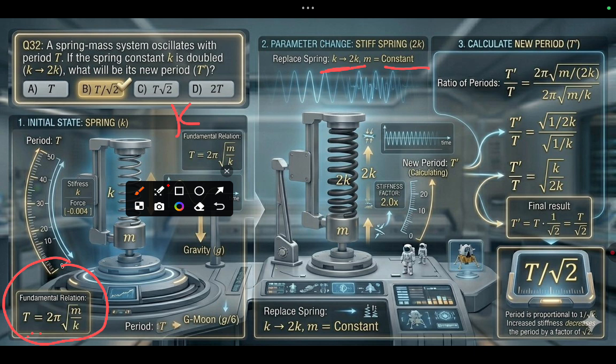Clear? Now just go to the formula, T equal to 2 pi root m by k, and the new time period T dash equal to 2 pi root of m by 2k. There is no change in the m, is it right?